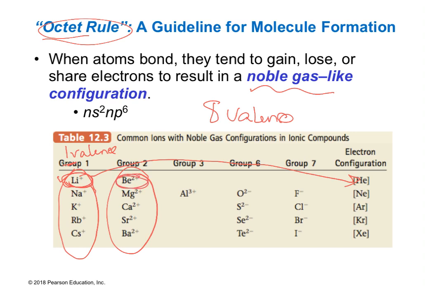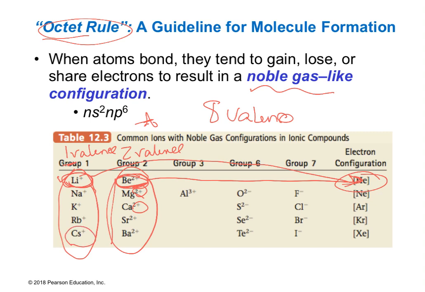Looking at group 2, for example, beryllium, all of group 2 have 2 valence electrons. So these elements will tend to give up 2 electrons to get a +2 charge. And by doing so, beryllium, for example, then also has an electron configuration identical to that of the noble gas helium.